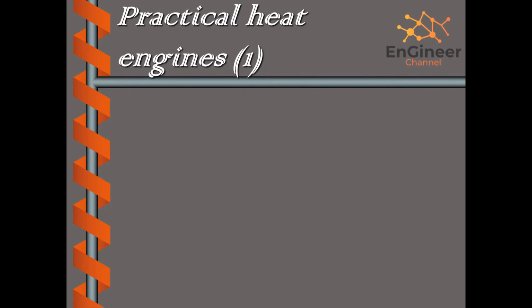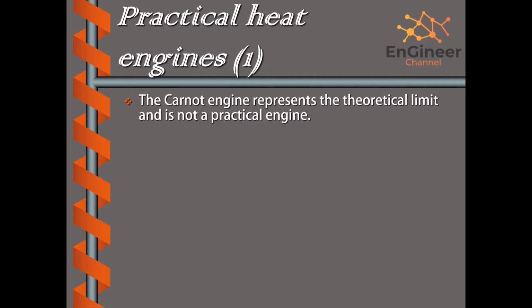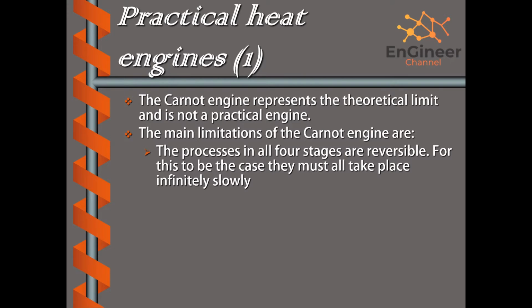Passing to the practical heat engine. The Carnot engine represents the theoretical limit and is not a practical engine. The main limitation of the Carnot engine is that the processes in all four stages are reversible.